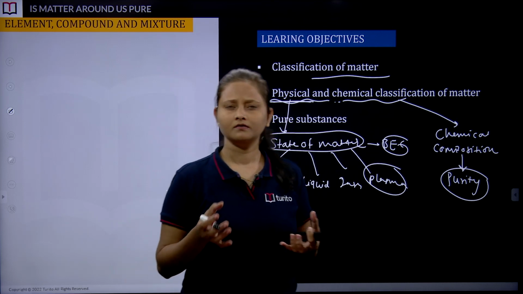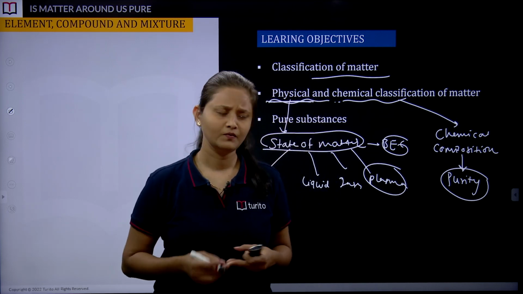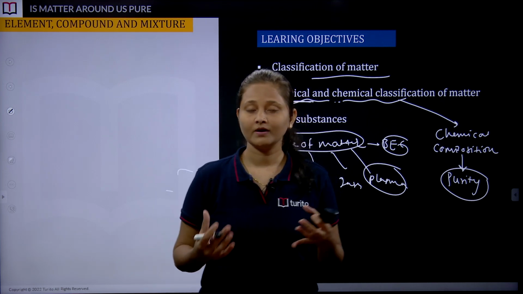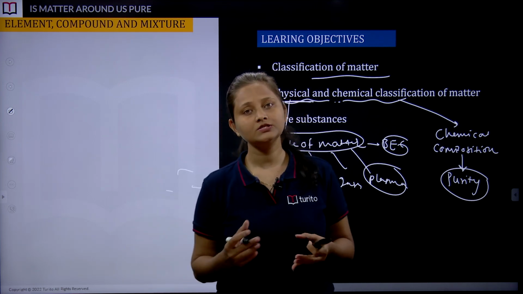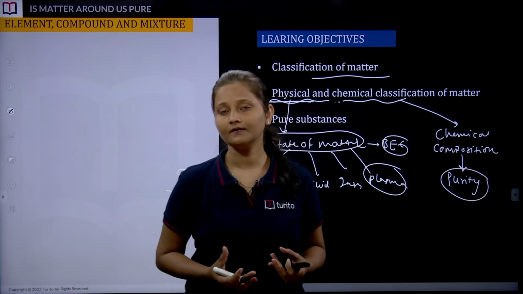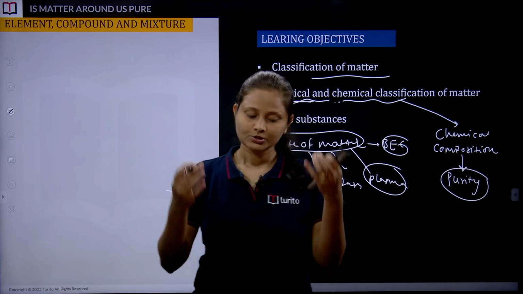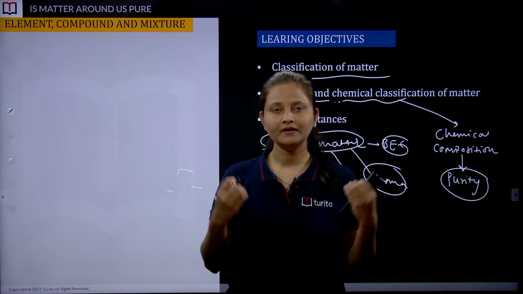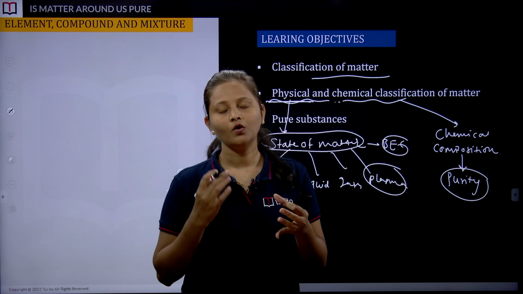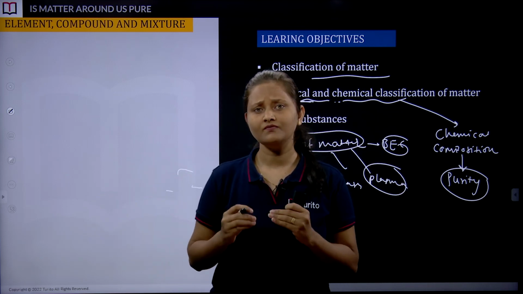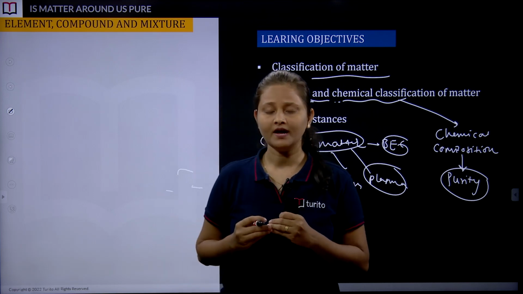We eat pure substances, right? We need pure ghee, pure milk, pure water. So my question was, are all these substances really pure? Yes, they are, and that's why we are consuming them, right? For a common man or for people like us, it is very obvious that we consider these different food items pure, and that's why we eat and consume them, right?